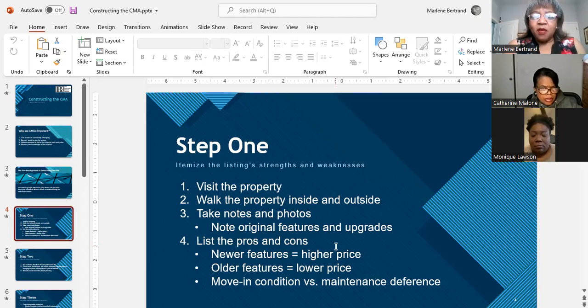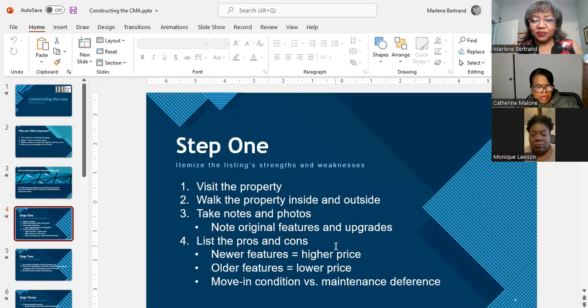So if you're talking to the seller and they want to know how to price their home, you want to let them know that when they have newer features, when they've updated their property, they can generally command a higher price.